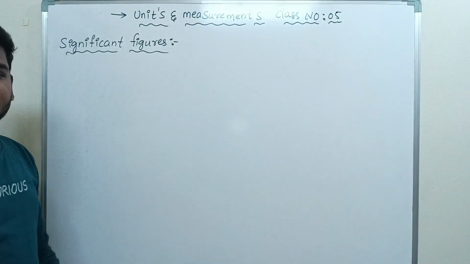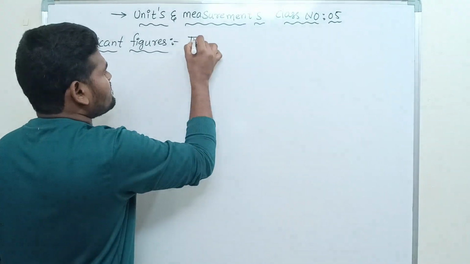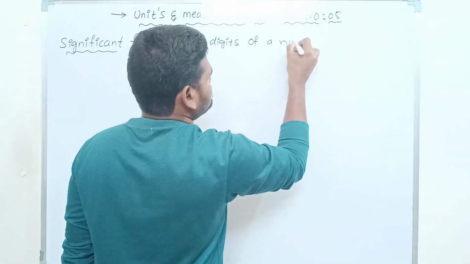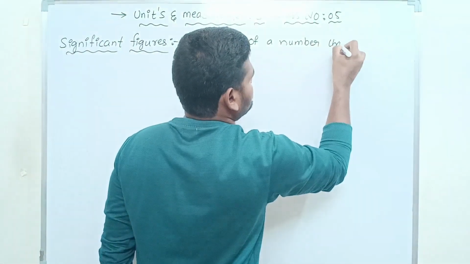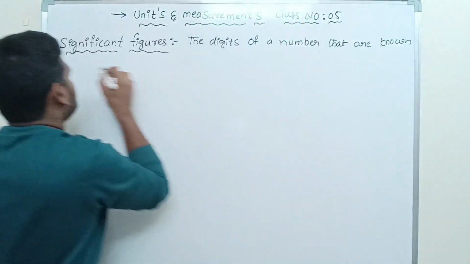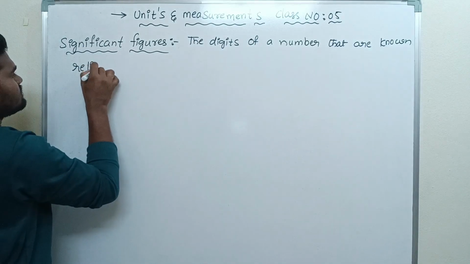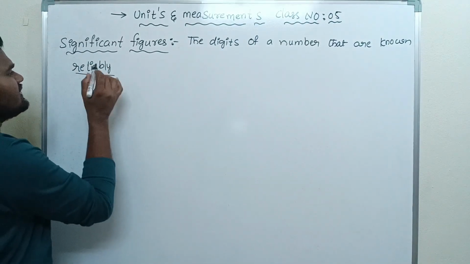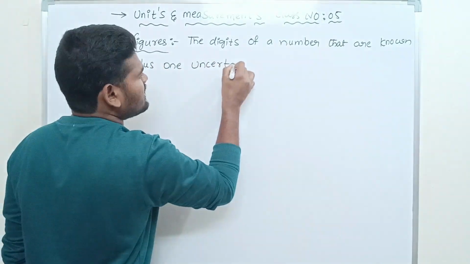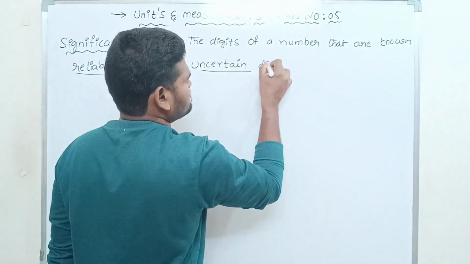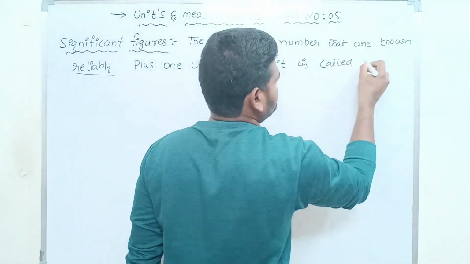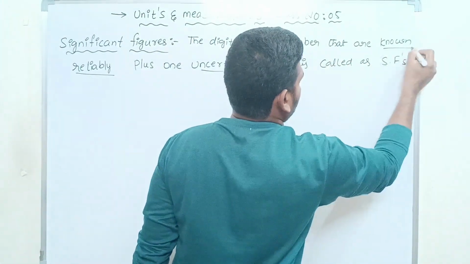Have a look. What is the definition of significant figures? The digits of a number that are known reliably plus one uncertain digit is called significant figures.